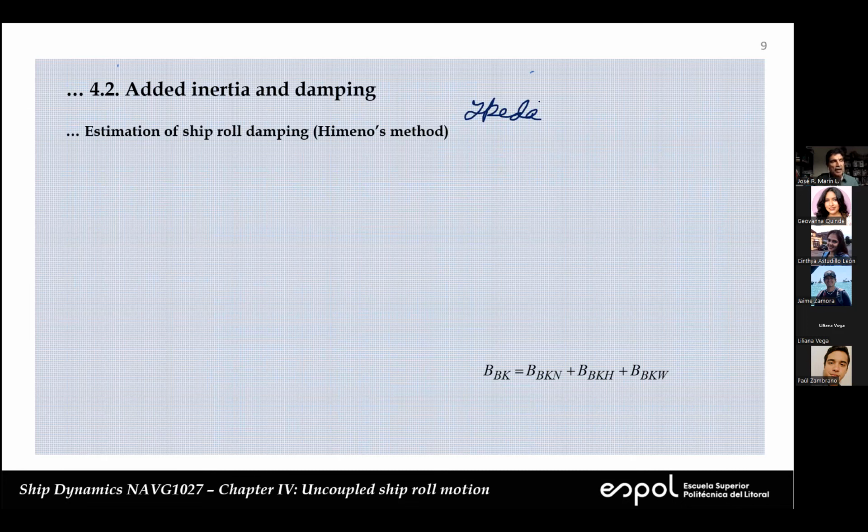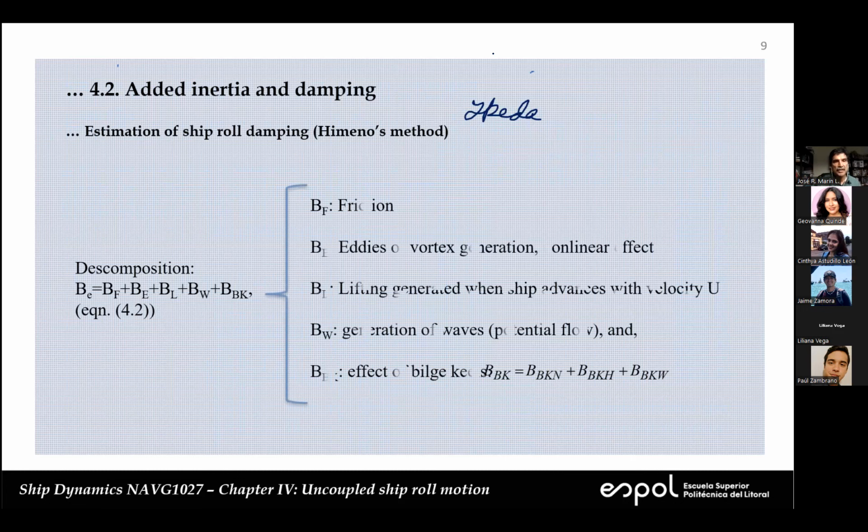Okay? So one of the first contributions that they did was a decomposition. So they say the damping coefficient is the composition of several sources. These are the sources that they proposed.